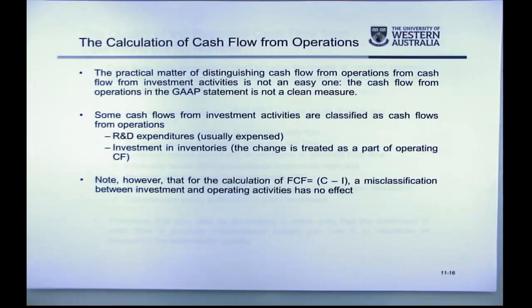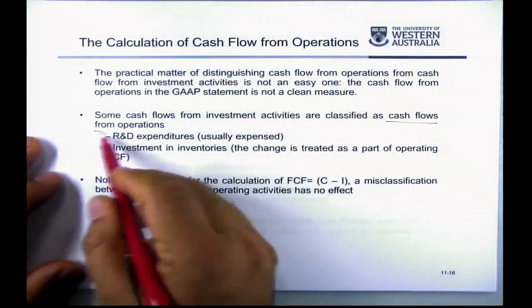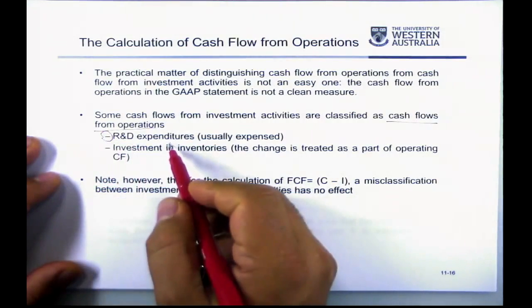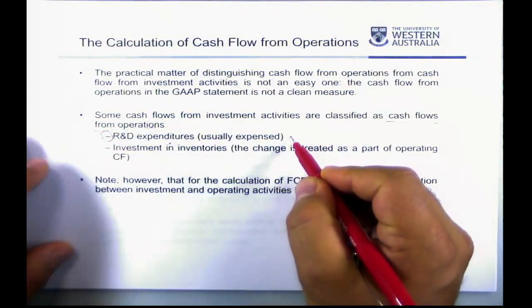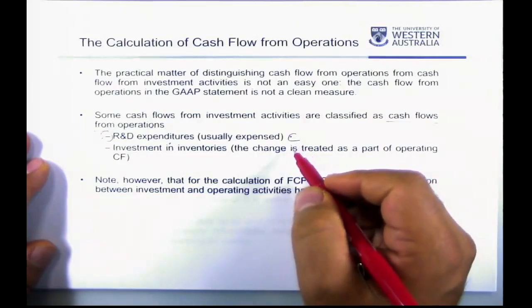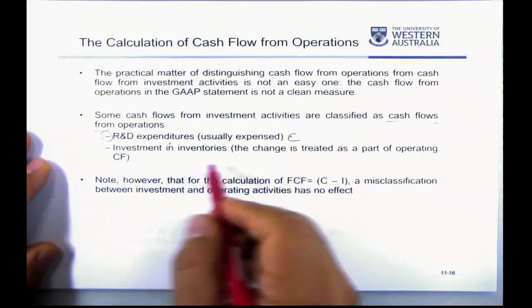Sometimes some cash flows from investment activities are classified as cash flow from operations. For example, R&D expenditures, usually these expenditures are expensed, so they affect C. They affect the calculation of C. The same applies to the investment in inventories.